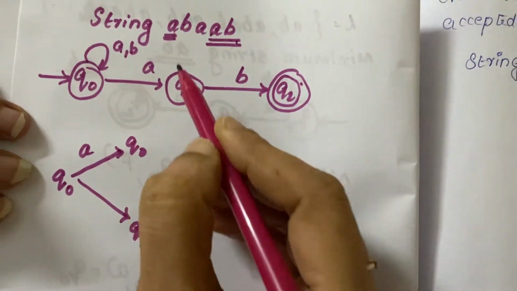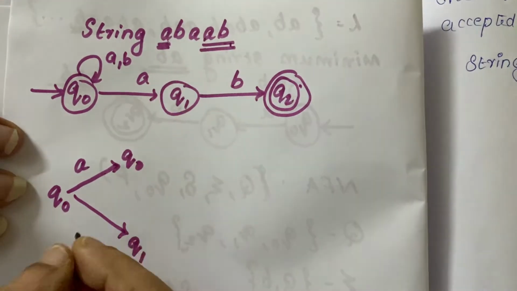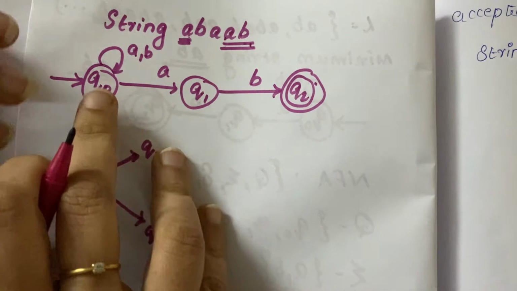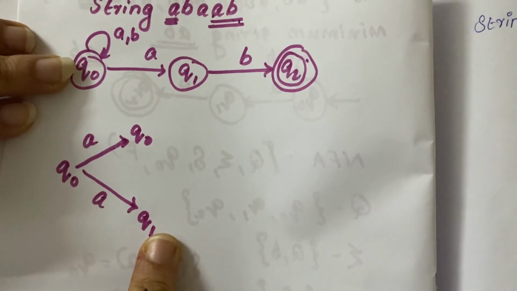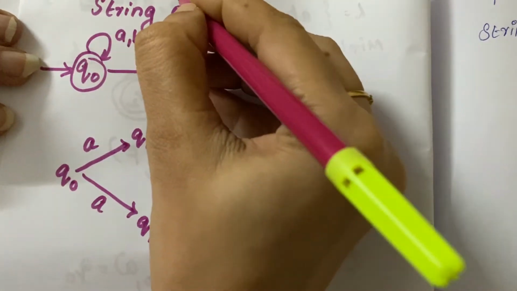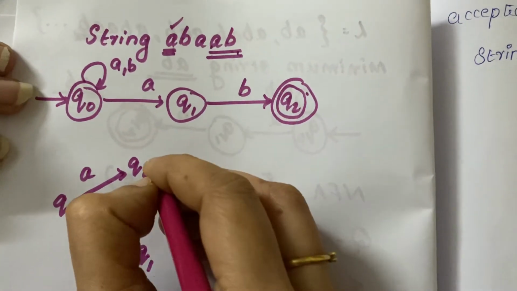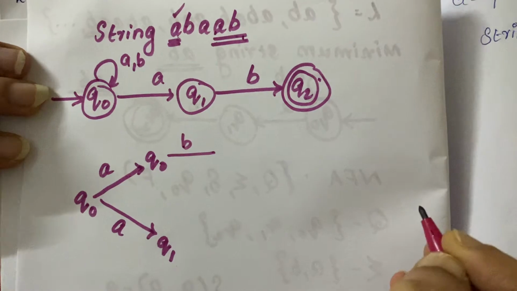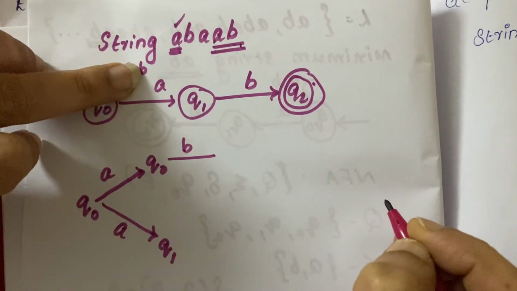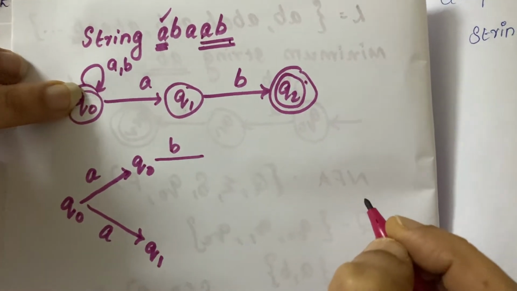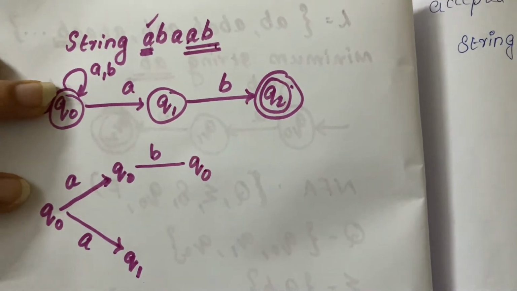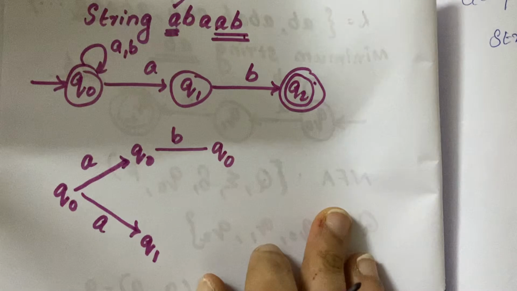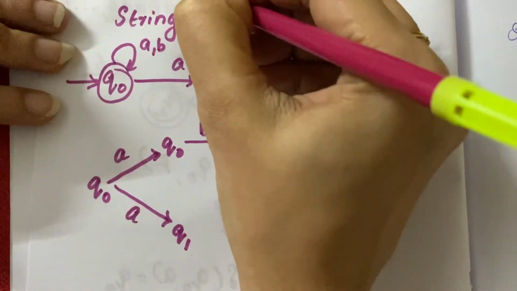Now we are finished with the first symbol. Next symbol comes, B. Q0 on accepting B goes to Q0 itself. There is only one transition here. So B is over.